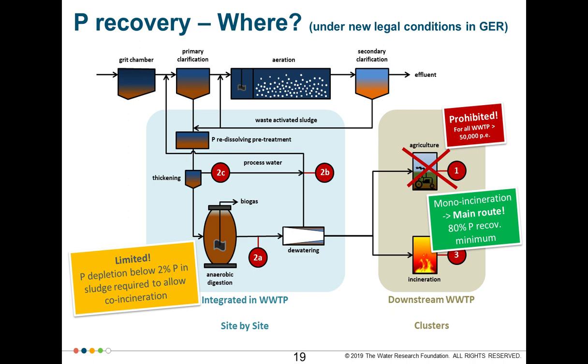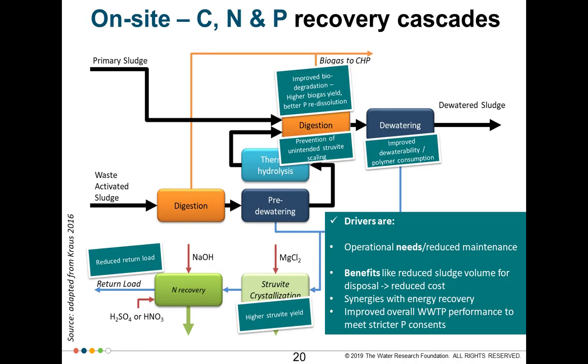Otherwise, you have to go to mono-incineration, and then of course, it wouldn't make sense to recover P on-site at your wastewater treatment plant unless, like in the case of struvite, you have the need from the operational point of view to get rid of struvite incrustations you don't want, or if you have, for instance, a nearby customer keen to buy the struvite, or you reduce your sludge volume, then of course it also makes sense.